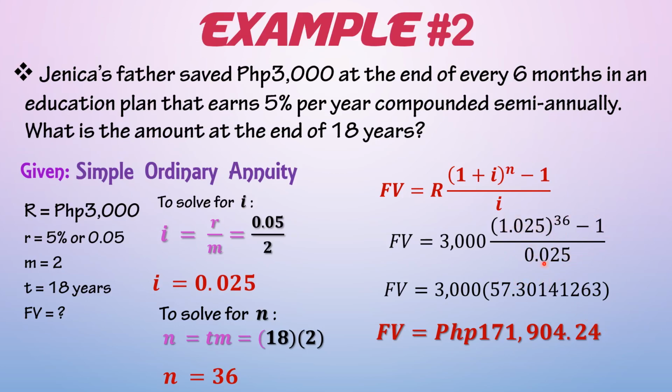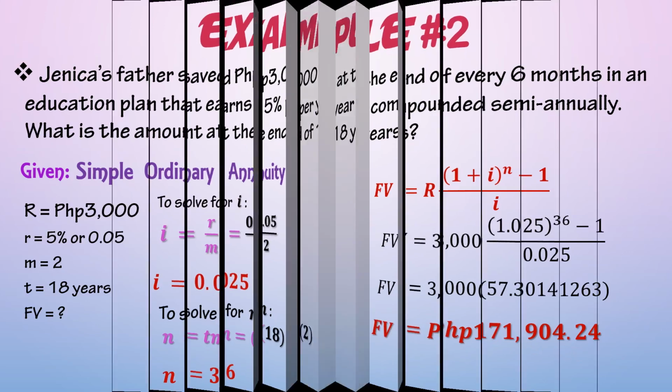The answer for this part, 1.025 raised to 35 and then subtract 1 divided by 0.025 is this one. And then multiply this 57 point something by 3,000. So the future value will be 171,904.24. So this will be the amount of the educational plan after 18 years.